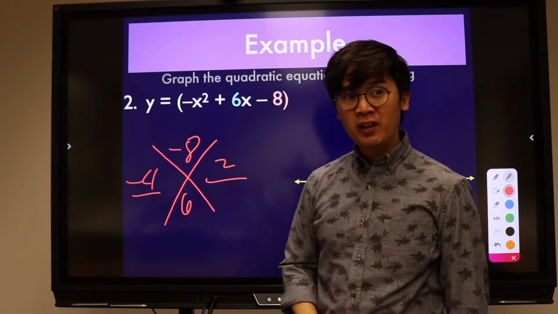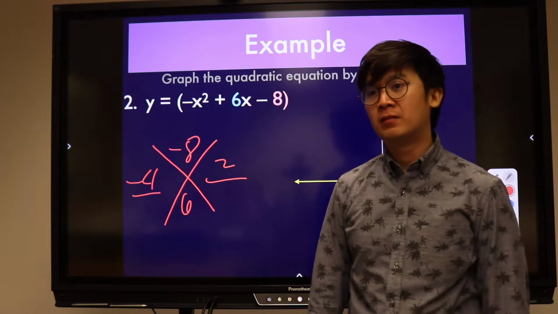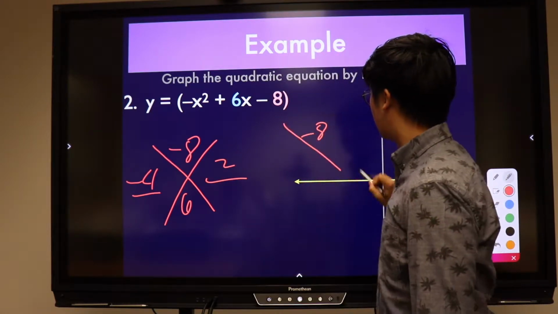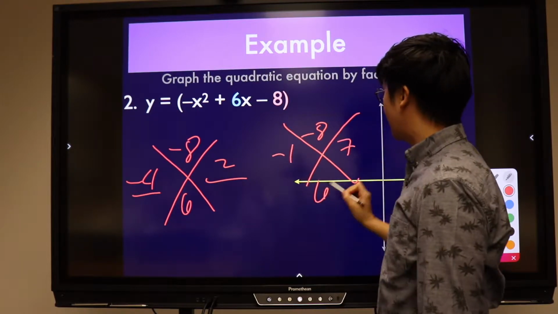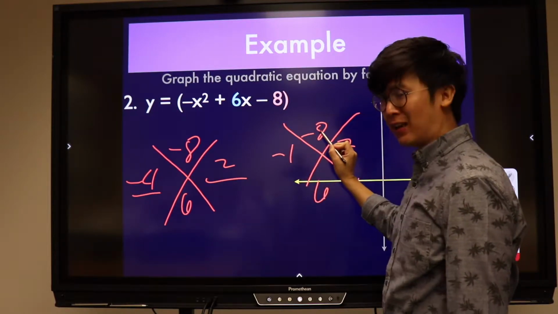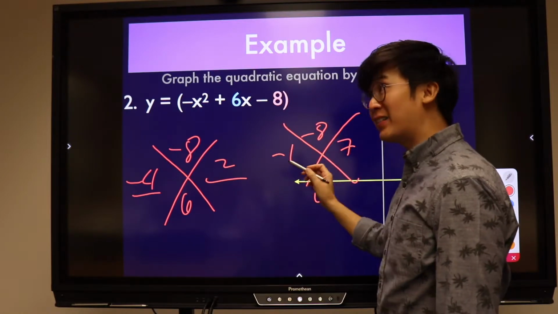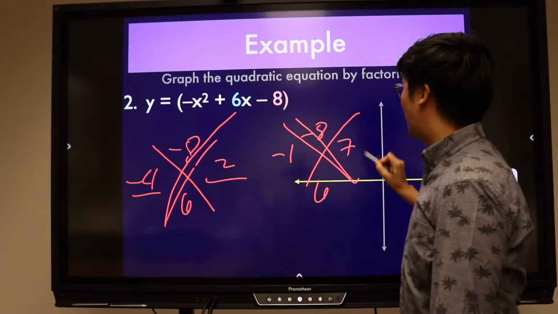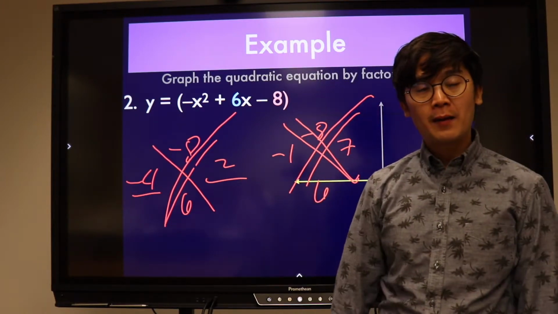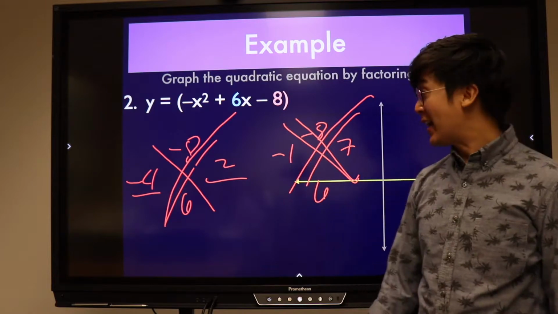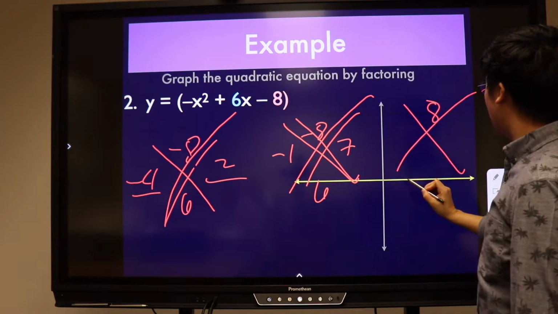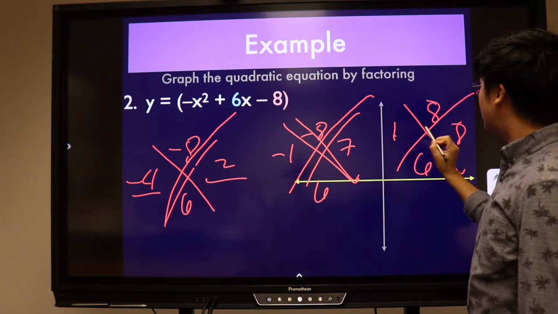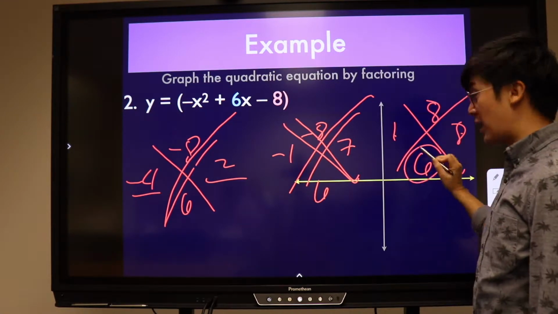Negative 4 plus 2, is it 6? No. What about negative 1 and 7? Negative 1 times 7 is not negative 8, but negative 1 plus 7 is 6, yes. Closer, but no, they're not the factors we're looking for. How about 1 and 8? 1 times 8 is 8, but is it positive 6?